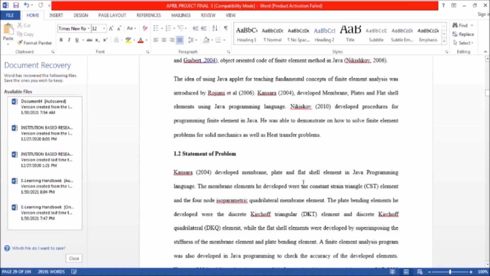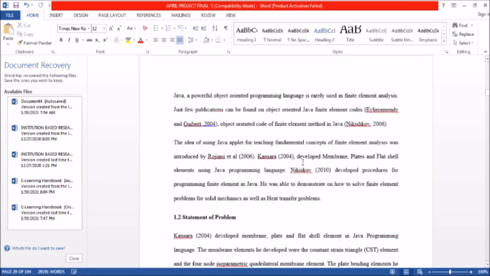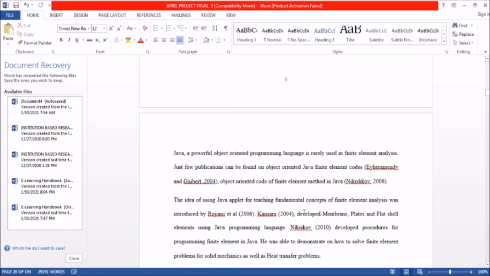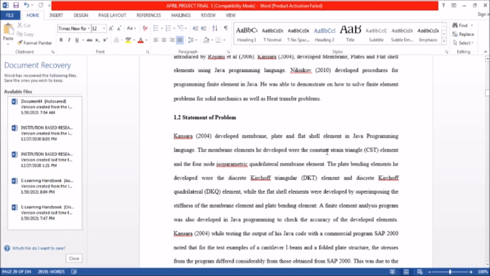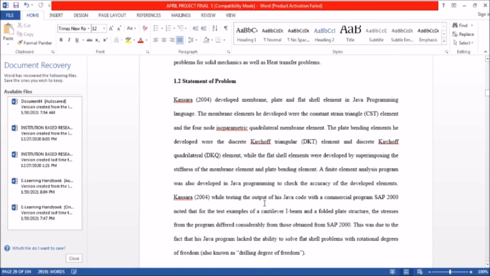So your project must address a problem, and this is where you will state the problem. And how do you state the problem? You will have to describe what led to the problem, or what made it a problem, and how it will be addressed, because you are stating the problem.